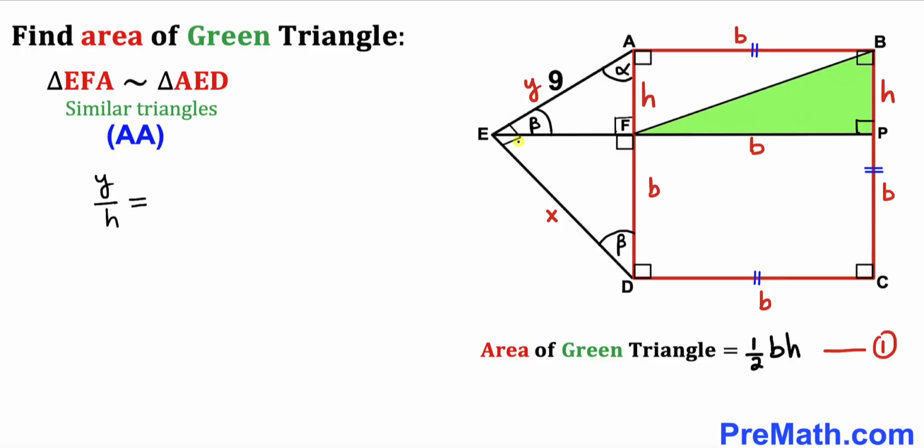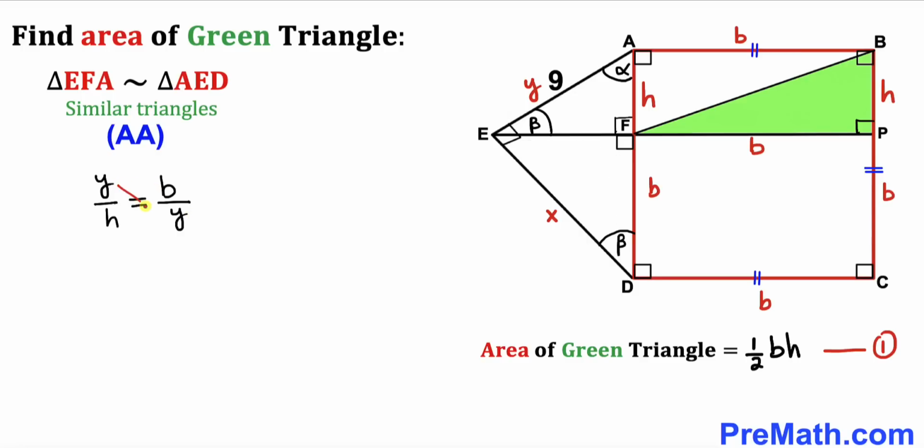The opposite side to this 90 degrees is this whole length B. Let me write down B divided by, and the side opposite to this angle beta is going to be Y. So I can write Y in the denominator.